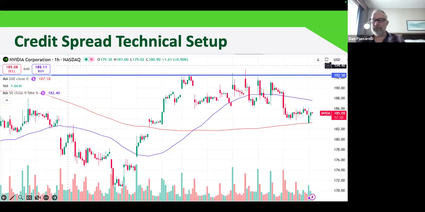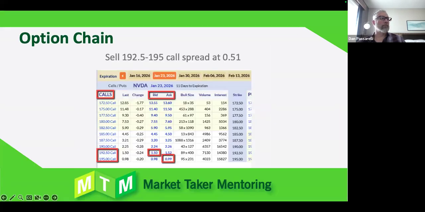Okay, so what if I could sell the 192.5 calls and buy the 195 calls, in this case for about 51 cents? Well, why would I do that? Why would I sell the 192.5 calls if there's resistance at 186 and 190?